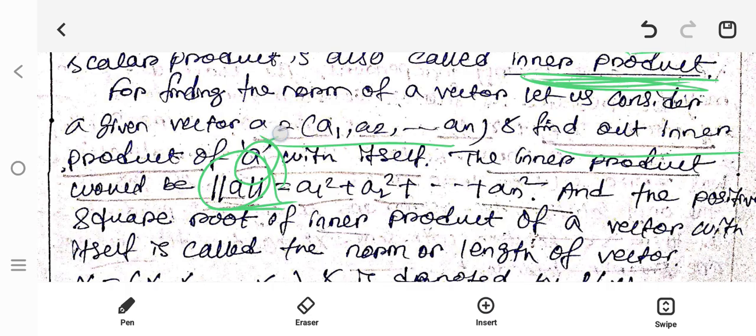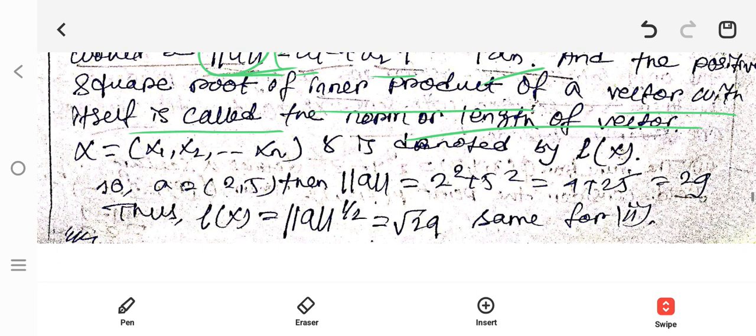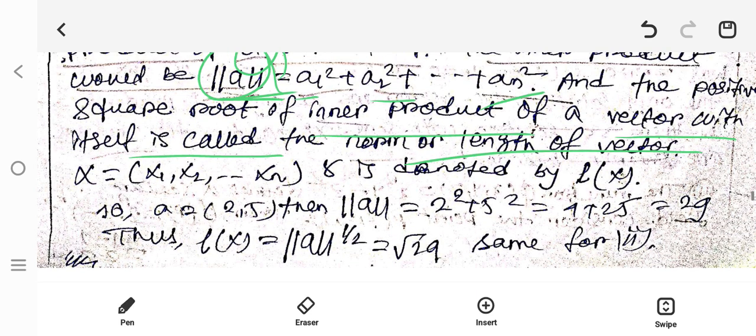So the inner product of vector a will be a1 squared plus a2 squared plus up to an squared, and the positive square root of this inner product of a vector with itself is called the norm or length of that vector. For the vector x, it is denoted by l(x).